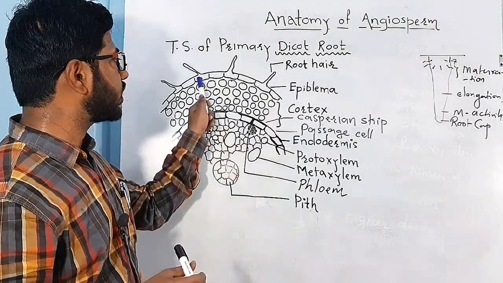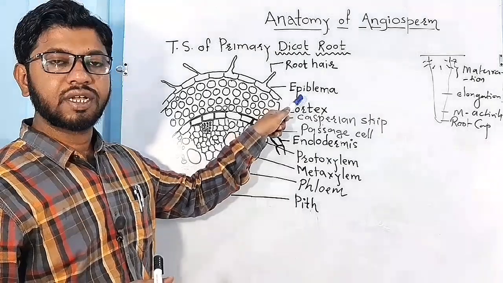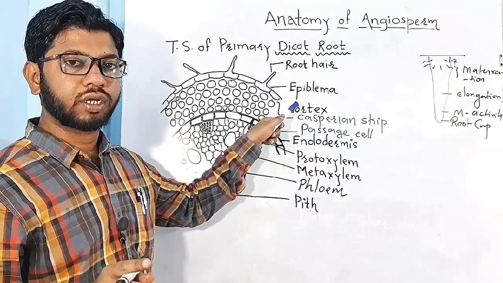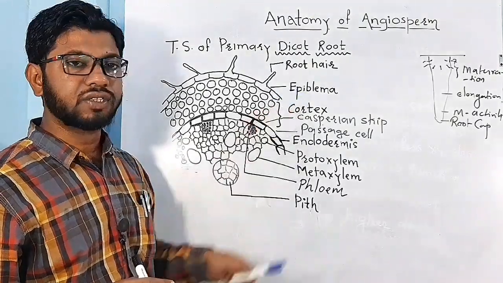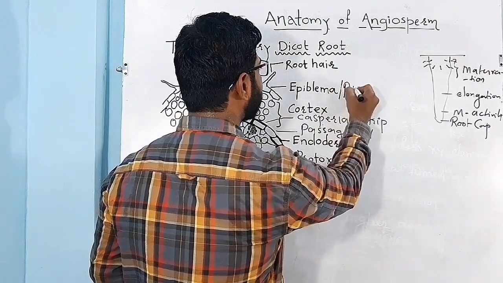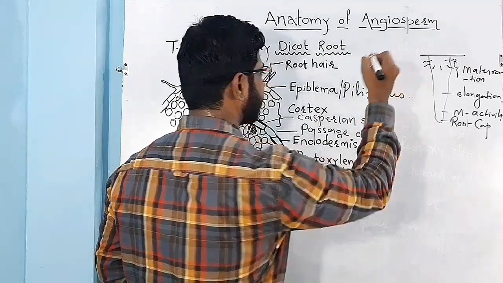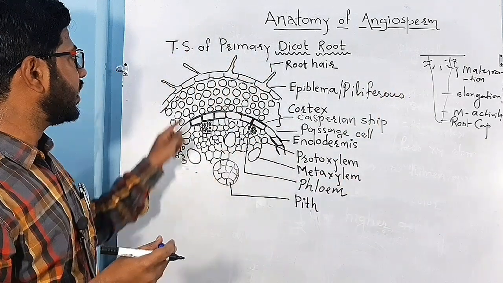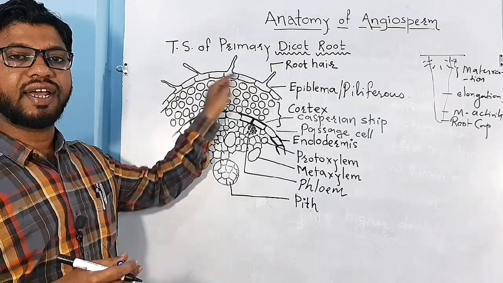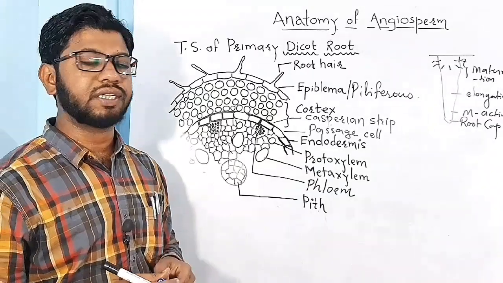The outermost layer of the cells is known as epidermis, but in case of root, epidermis is termed as epiblema, or this epiblema is also known as piliferous layer. Many rectangular, compactly arranged parenchyma cells are present in the epidermis.